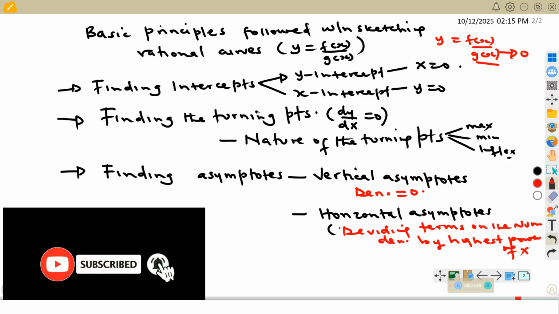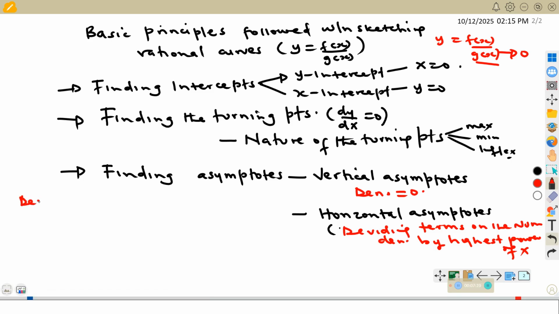However, to know that a given curve has such asymptotes, in most cases you look at the degree of x in the numerator and the degree of x in the denominator. For example, if you have the highest power of x here as x squared and the highest power of x here as x squared, then such a function will have what we call horizontal asymptotes.